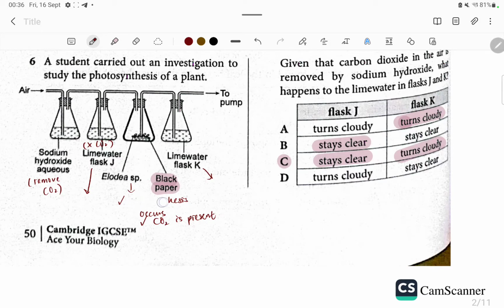Sorry, because I'm quite tired already. So this one, because already don't have CO2. So even though there's light, you don't have CO2, so no photosynthesis. But respiration occurs. So respiration will produce carbon dioxide. That's why it turns cloudy.